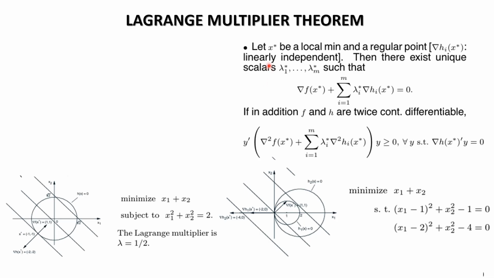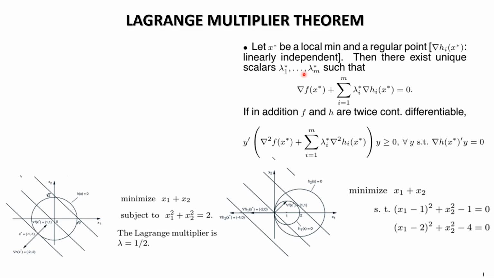Let x star be a local minimizer of the problem of minimization of f of x subject to h_i of x equal to 0. Assume that x star is a regular point, meaning the gradients of the constraints are linearly independent.